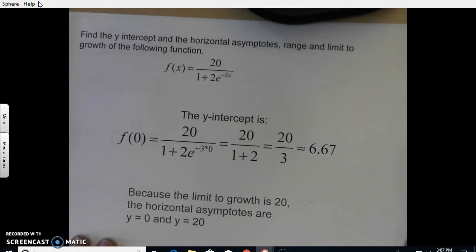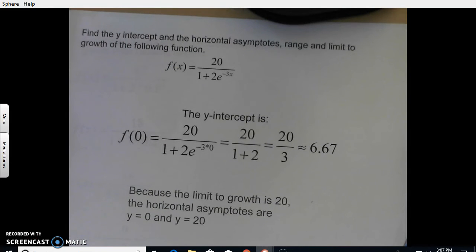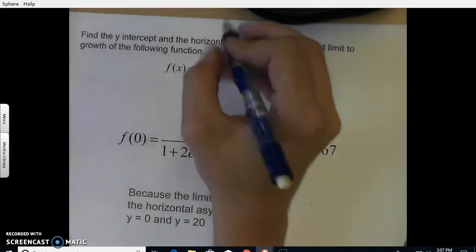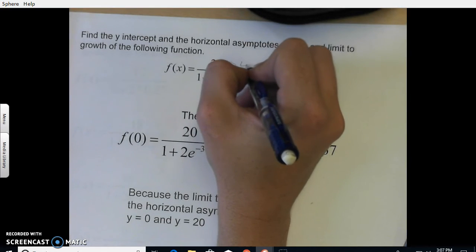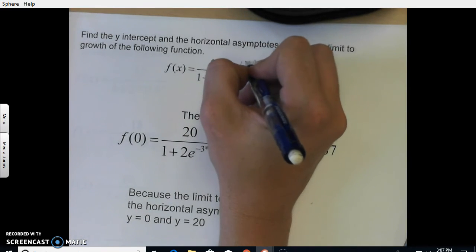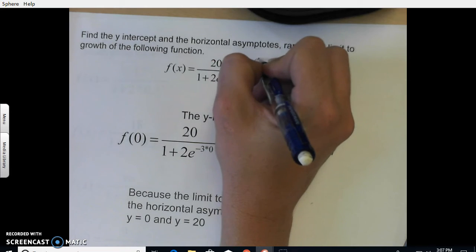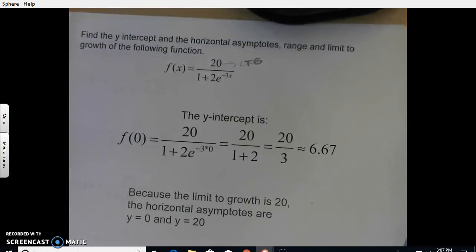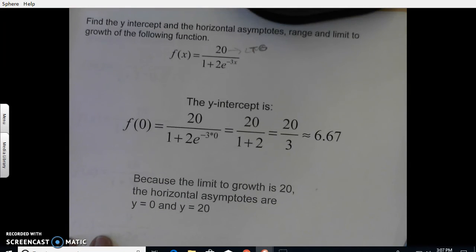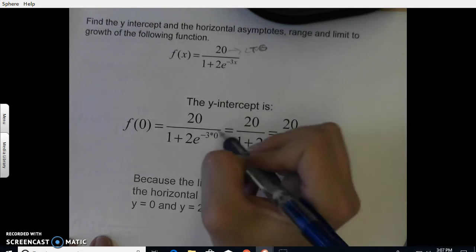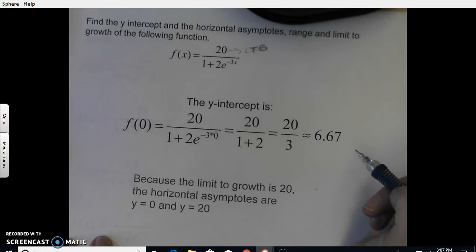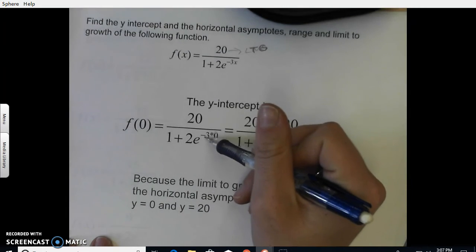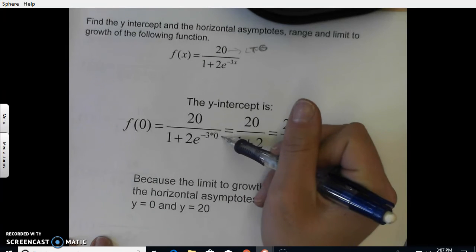Find the y-intercept, horizontal asymptotes, range, and limit to growth. Once again, the limit to growth, I apologize, is 20. For our y-intercept, we plug 0 in. Negative 3 times 0 is 0.